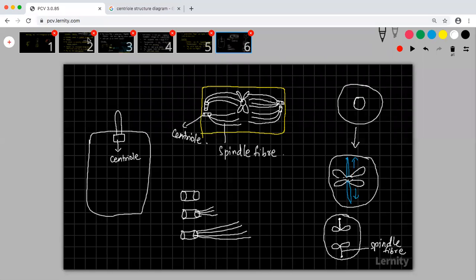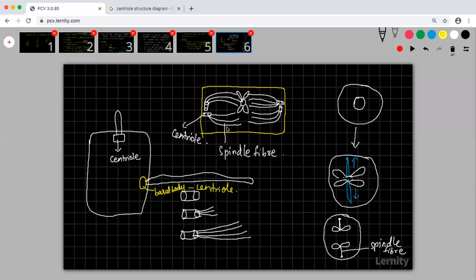Centriole will act as the basal body, which means for a flagella, let us say there is a flagella coming from here, this flagella will have a basal body. Who is this basal body? The basal body is the centriole.